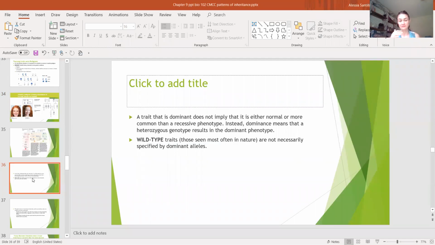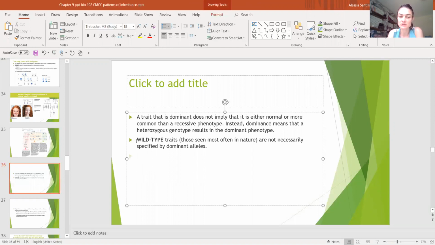What we usually do is refer to dominance as basically a way of saying that if you have a heterozygous genotype, so one big, one small, the phenotype you get is the dominant phenotype. And so we like to refer to the one that is most commonly seen in nature, not as the dominant one, but as the wild type phenotype, so wild type traits.